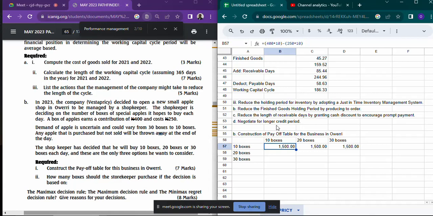So the question will be how much is it for 10 boxes? Can't that go for 20 and 30 boxes as well? No, if you are doing for 30, it should be 400 times 30. But he's only buying. This option here is to buy. He cannot sell what he has not bought. He only bought 10 boxes, so he cannot sell 20. He can only sell 10 because he's restricted to what he bought.